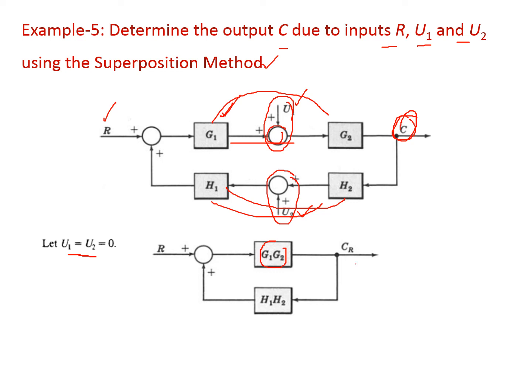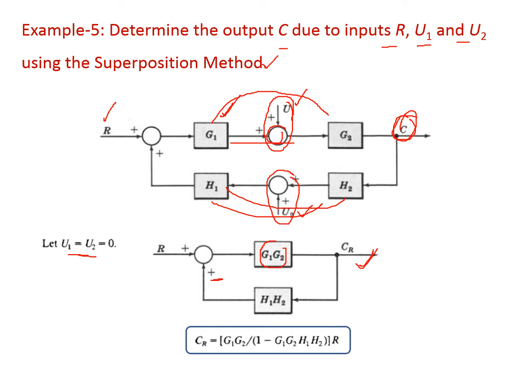Now if we observe this block diagram, it is simply a positive feedback system. So just eliminate this feedback loop. By eliminating this feedback loop, we get the transfer function CR by R equal to G1 G2 by 1 minus G1 G2 H1 H2.